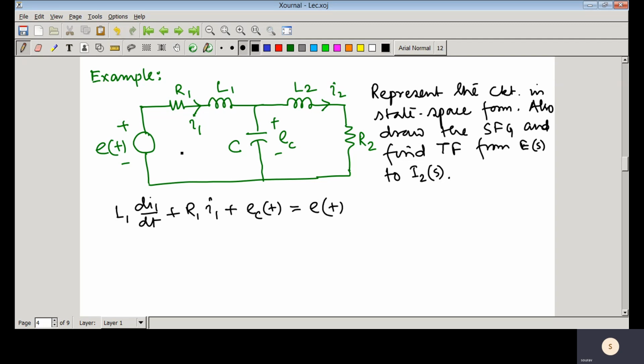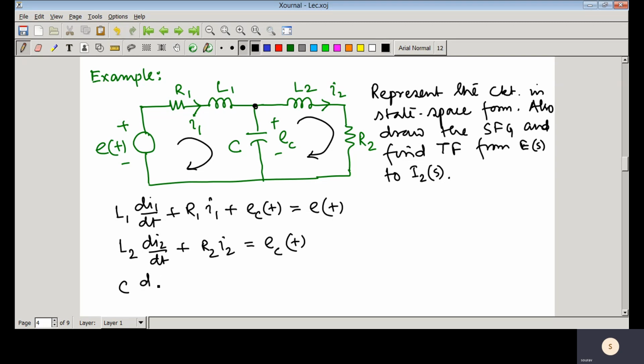Then for the other loop, you can write L2 di2/dt plus R2 I2 equal to EC(t). And if you write KCL at that particular node, C dEC/dt, that is the current, plus I2 is equal to I1(t). So these are the three differential equations you have.